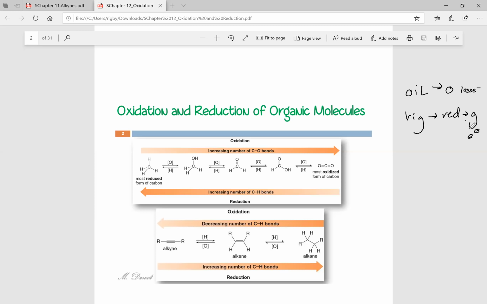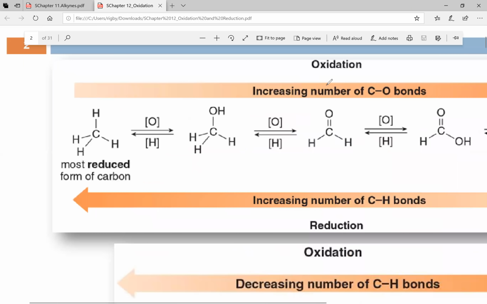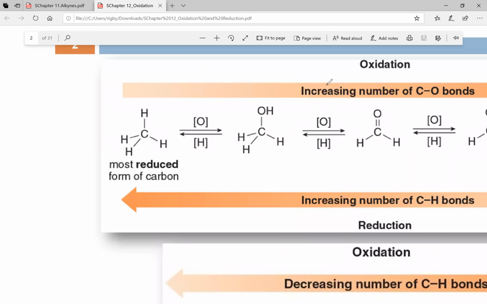So that concept is going to feed into here as well, but in a sort of weird way of thinking about it. If you recall, we talked earlier, I think in chapter 3, about how when we have an electronegative atom, such as oxygen, next to a less electronegative atom, such as carbon, it pulls that negative charge towards itself and makes that carbon partially positive.